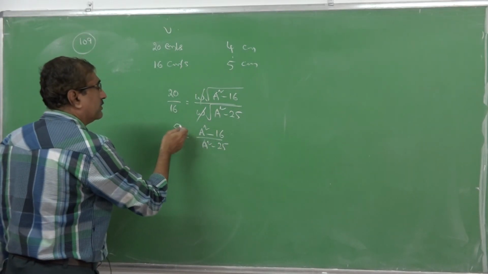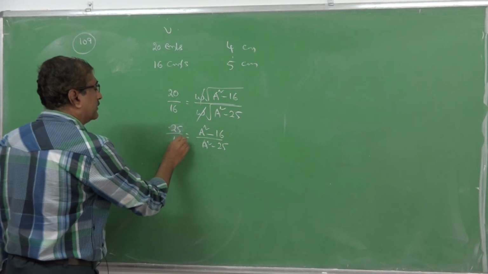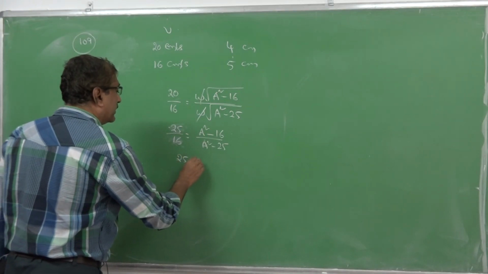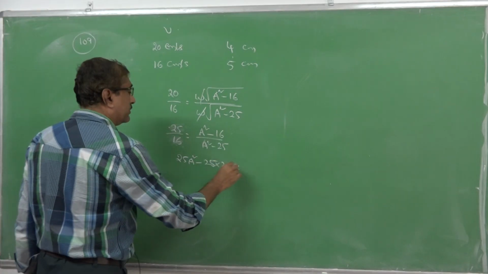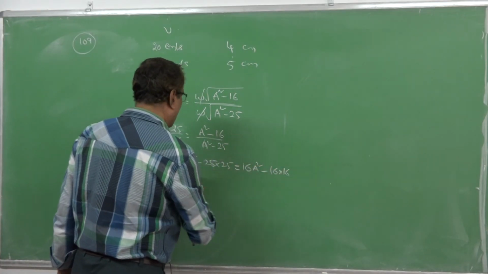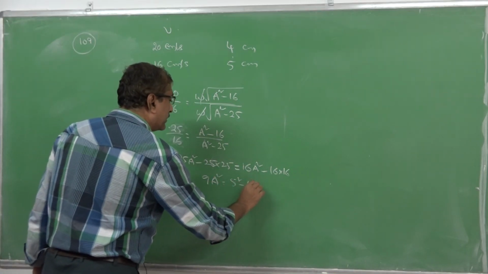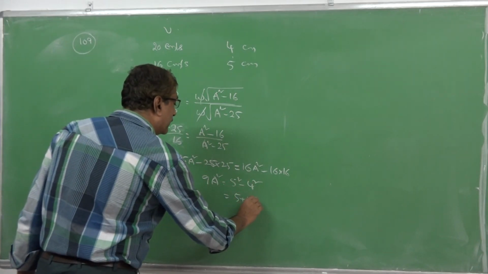Squaring, 25 by 16. Now cross multiplying, 25 into a square minus 25 into 25 is equal to 16 a square minus 16 into 16. So from this 9 a square is equal to 5 square minus 4 square.